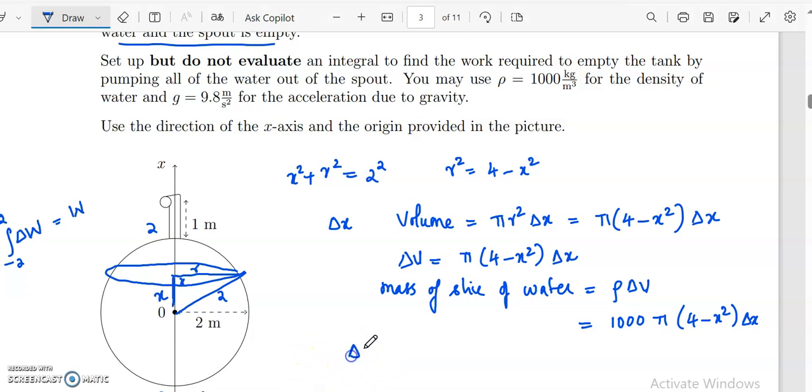So delta force will be equal to delta mass, and all of this will be for this slice of water. So delta mass into g will come. So that will be 1000 pi 4 minus x square delta x into 9.8.